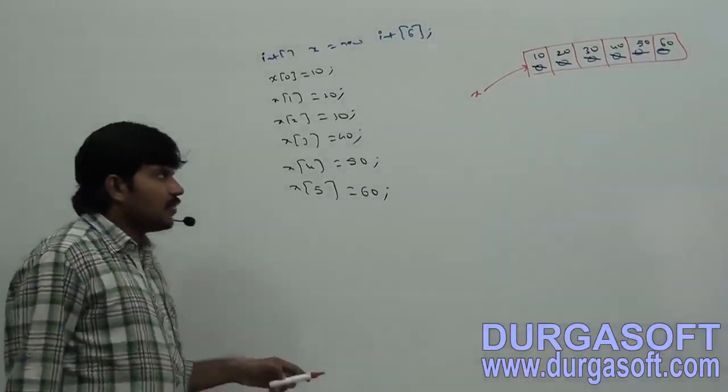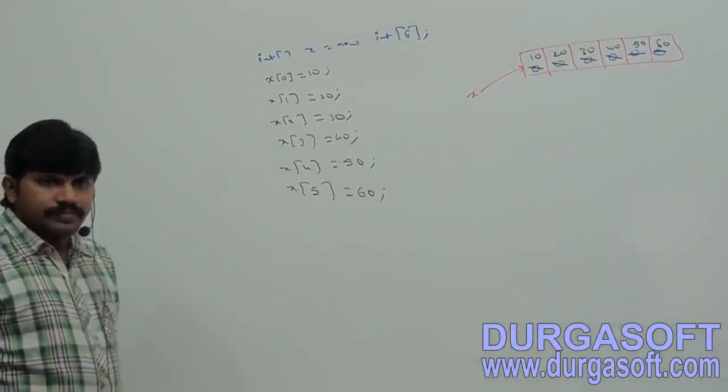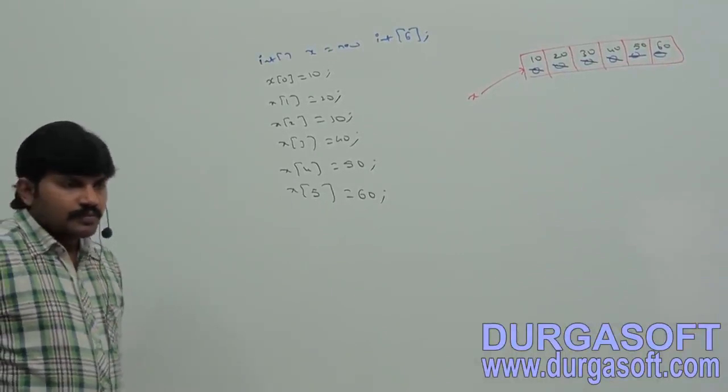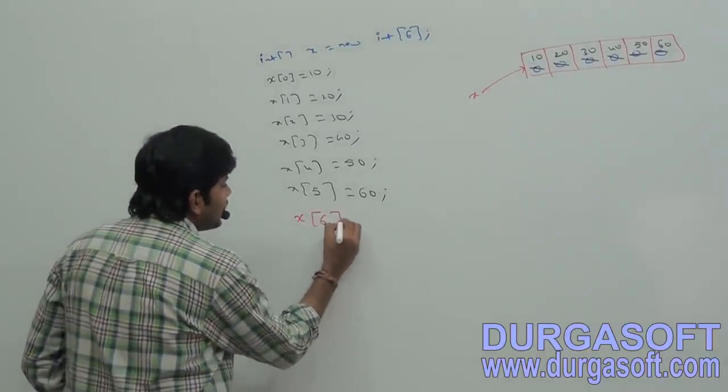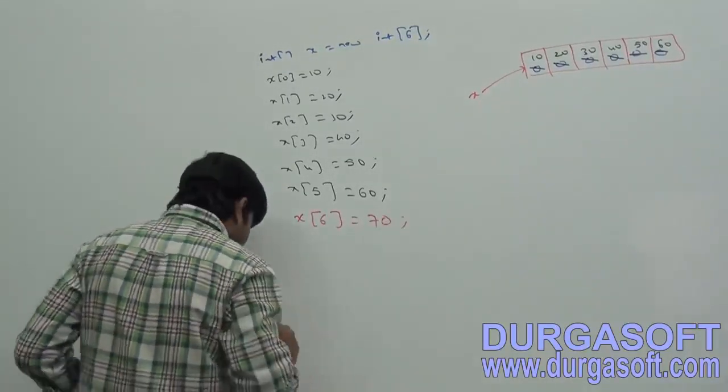Better to take the diagram also. Next one, here, x of 6 is equal to 70.